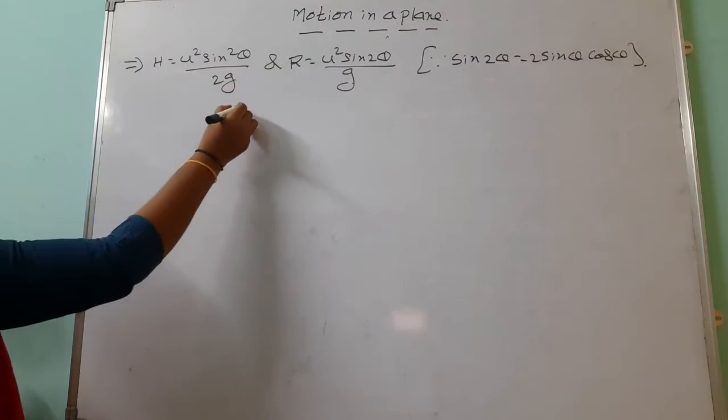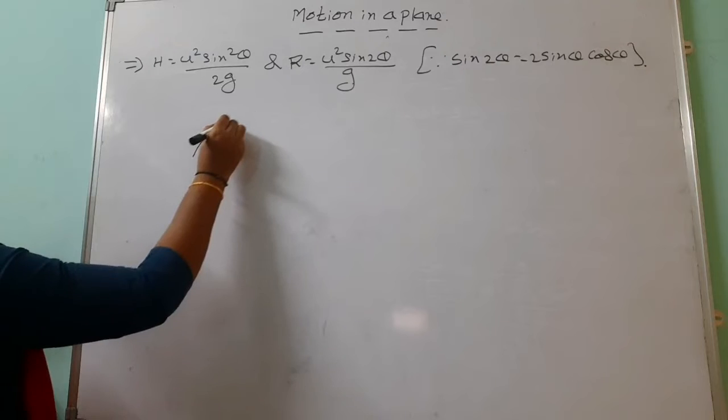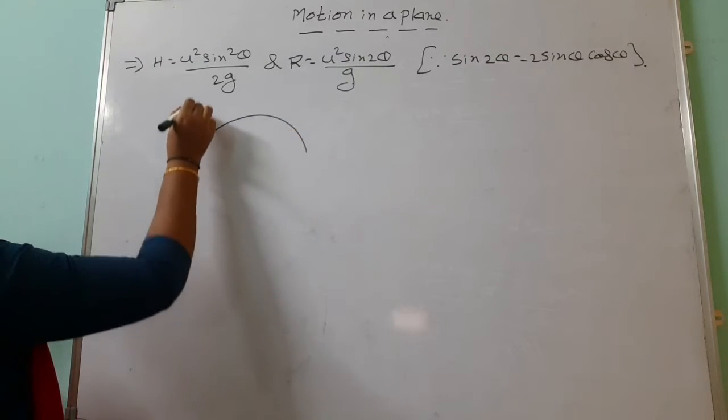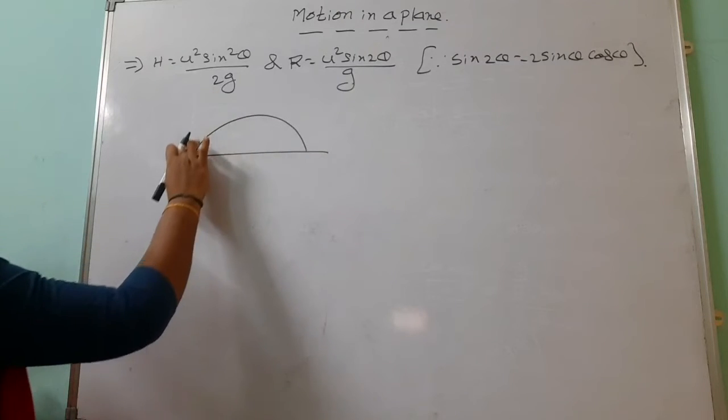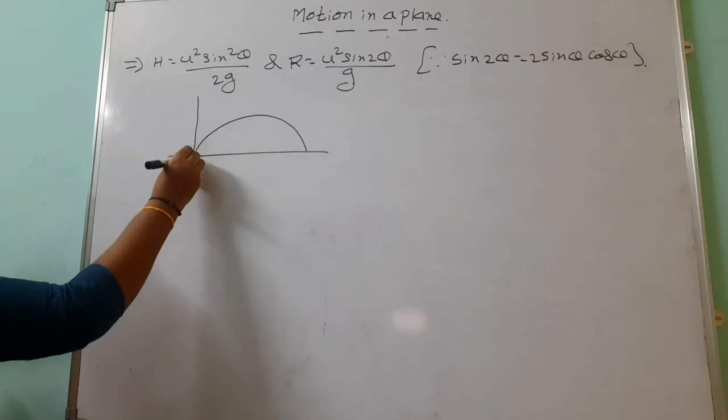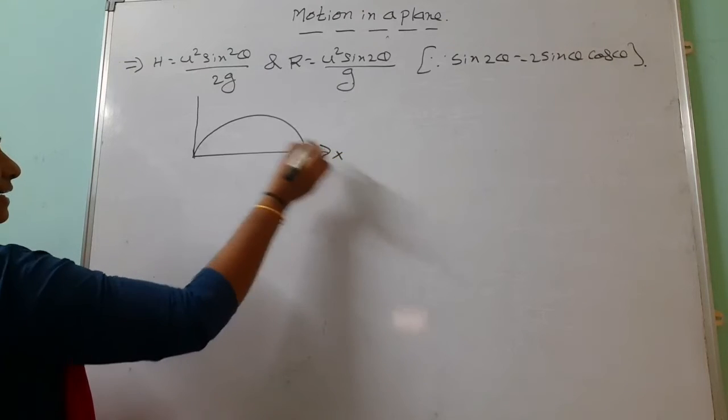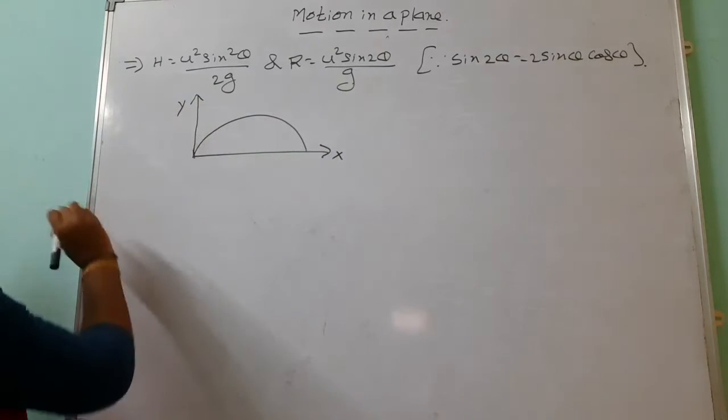First of all, we use the same diagram. When the body is projected at an angle other than 90 degrees, it has a parabolic path. We resolve this into two components, one along the x-axis and another along the y-axis.